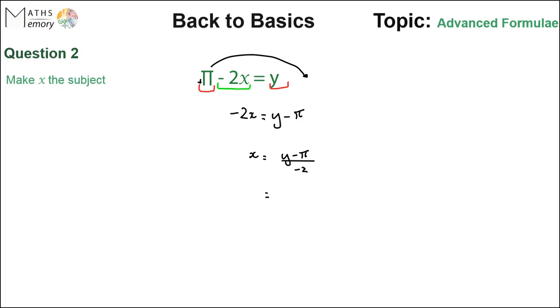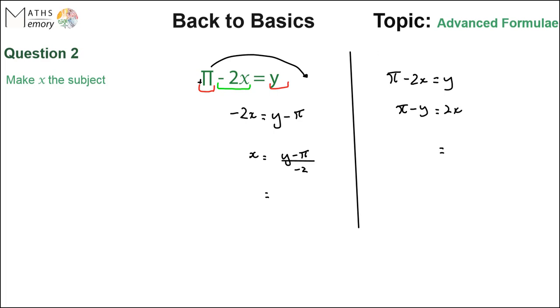Okay, so that would be a simple answer for this. Now another way of doing this, you could say it could look like this as well. Okay, so this is number 2. They're both the same. Sometimes you may want to get a positive x to start off with, so you may want to simply just do this. Let's write the question. Pi minus 2x equals y. So I would be inclined to do this. So pi minus y equals 2x.